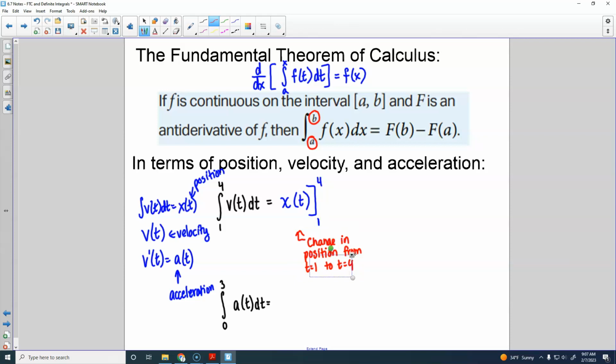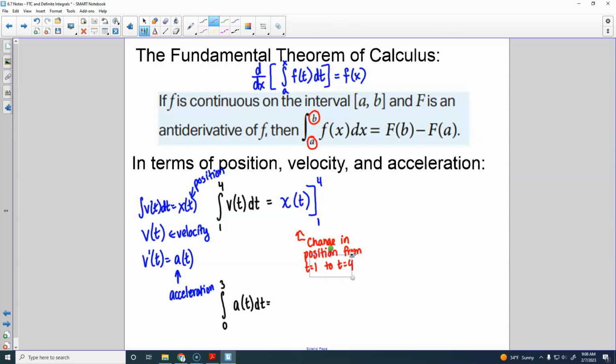Because that area under the curve gives us the change in whatever function we're dealing with, in this case position. So if I want to know how much my position changed, I just need to know where I started and where I ended, and I subtract the two.